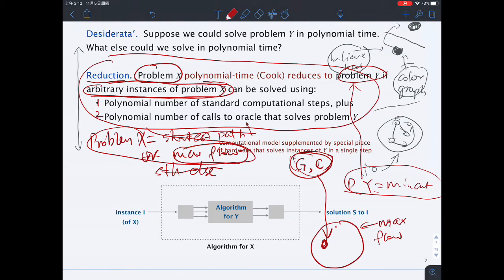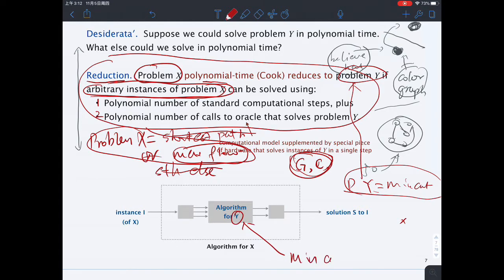Now we need two properties here. The first property is a polynomial number of standard computation steps, and the second property is a polynomial number of calls to the oracle that solves problem Y. Here is a pictorial example to highlight this idea. Let's say problem Y is the so-called min cut problem.